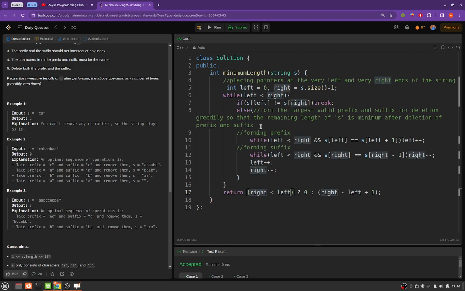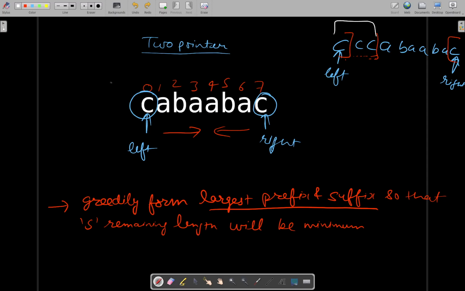And there might be a certain case that your left and right pointers will anyways move past each other. How so? It is, as you can see, an even length string. The length of this particular string is 8, and if you divide it from the middle, you can see that when left and right pointers will be at these particular positions, both of them will be crossing each other after one move.